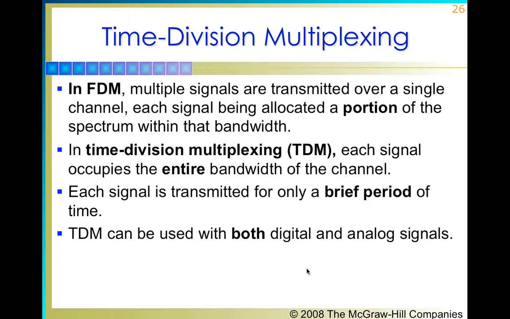While in time division multiplexing, the entire bandwidth is used by the transmitter and receiver, and the time slots are divided. If we have, for example, 10 transmitters sending data to 10 receivers, then each transmitter can use the entire bandwidth, but for only a brief period of time.